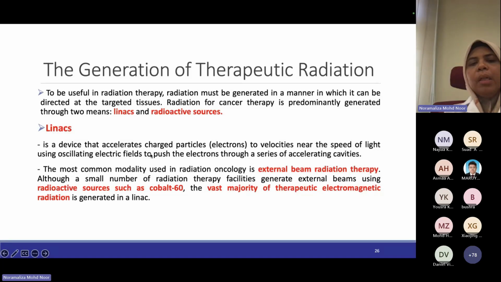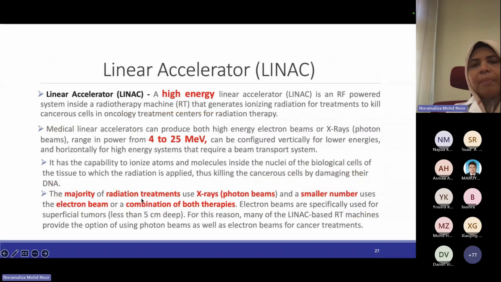Most of the modality used in radiation oncology is external beam radiotherapy. Although a small number of radiotherapy facilities generate external beams using radioactive sources, such as cobalt-60, the vast majority of therapeutic electromagnetic radiation is generated in a LINAC, a linear accelerator.